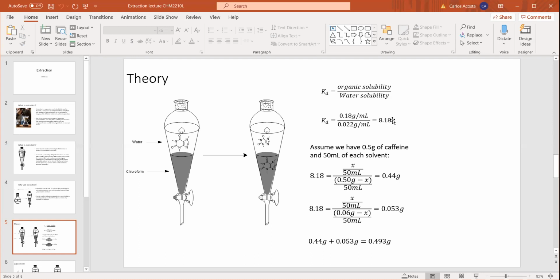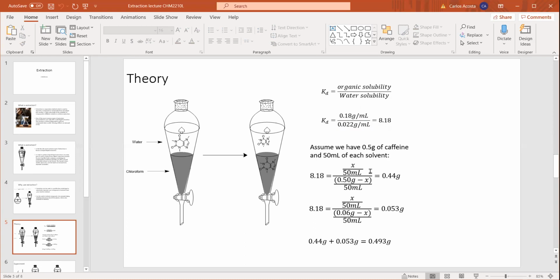Now we can use this constant to calculate exactly how much caffeine is extracted with one washing of chloroform. If we assume we have 0.5 grams of caffeine and we're doing the extraction with 50 milliliters of each solvent, so 50 milliliters of water and 50 milliliters of chloroform, we can derive this equation.